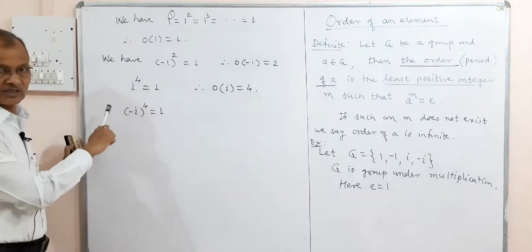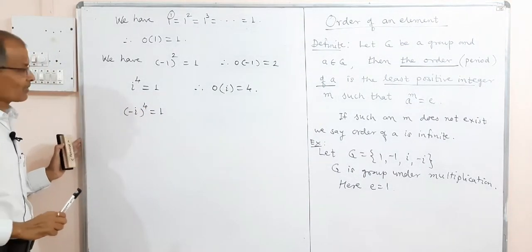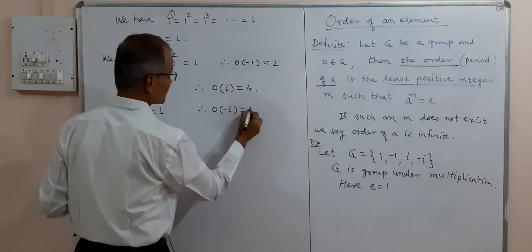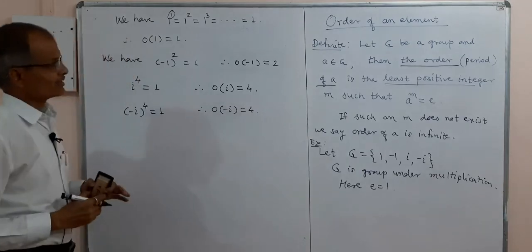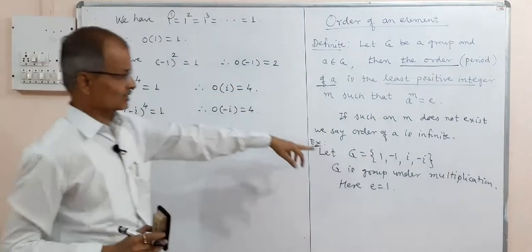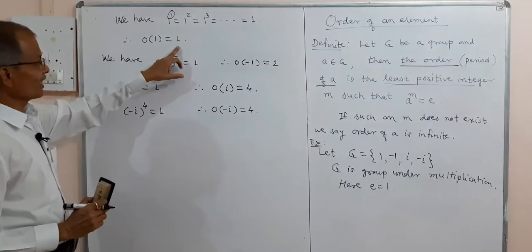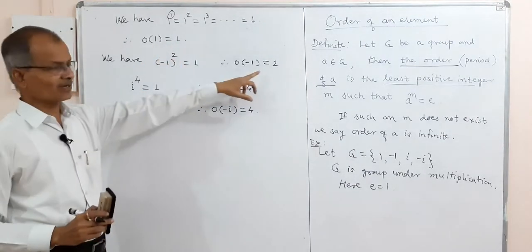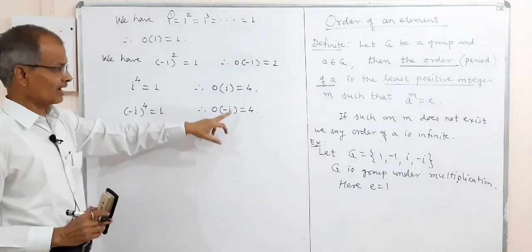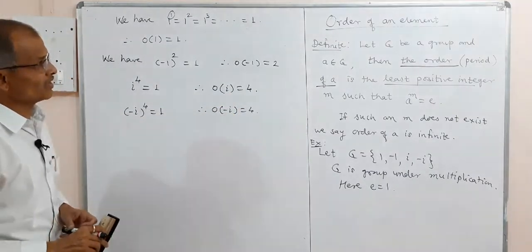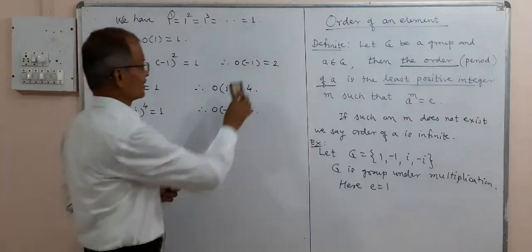You should check. So the order of minus i is 4. These 4 elements have different orders: the order of 1 is 1, the order of minus 1 is 2, and the order of i and minus i are both equal to 4. So this is the meaning of the order of an element.